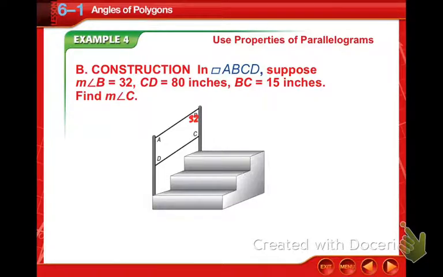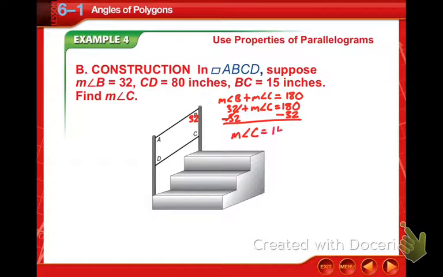So that means they add to be 180. So the measure of angle B plus the measure of angle C has to equal 180. We know the measure of angle B is 32. So now we just need to subtract 32 from 180. So our measure of angle C is 148. And that's it.